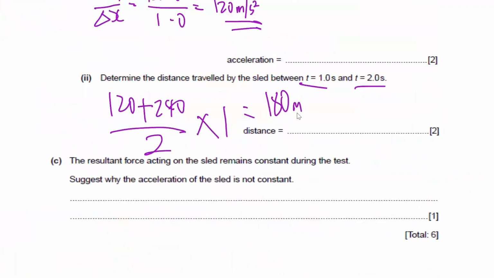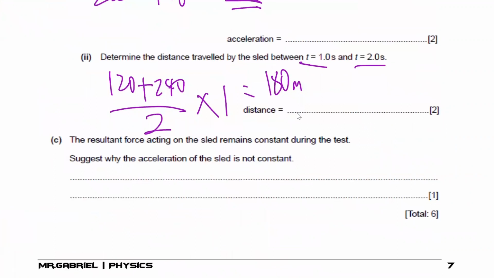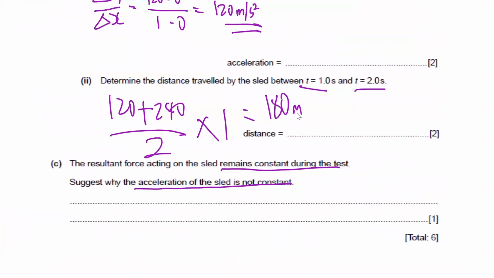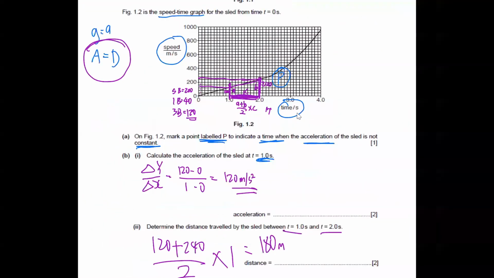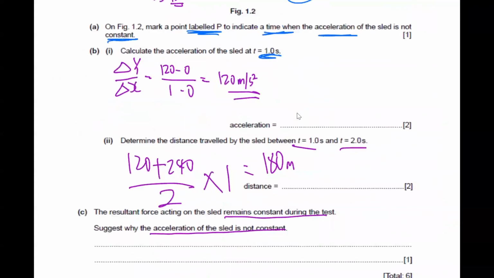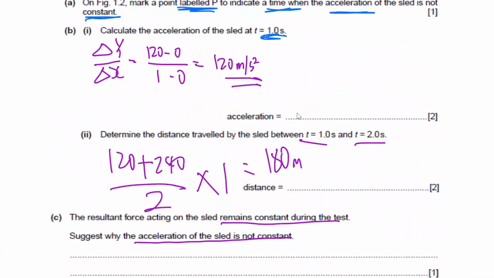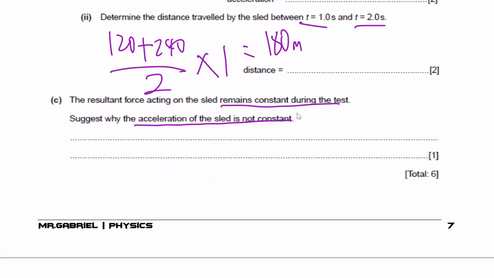And then after that, the question says the resultant force acting on the sled remains constant during the test, so explain why the acceleration of the sled is not constant. This is the story of mass basically. Okay, guys, listen up. I'll dissect what the question means for you. They say that the resultant force acting on the sled remains constant.